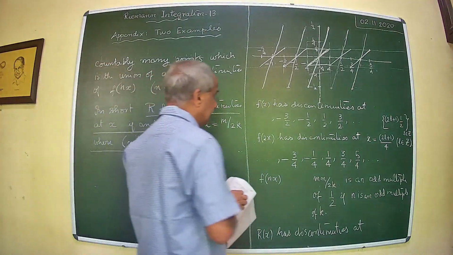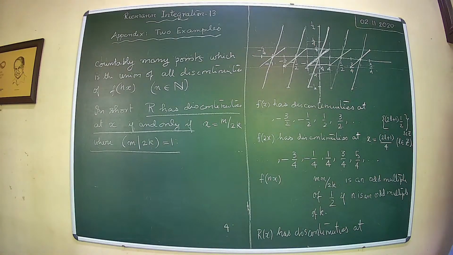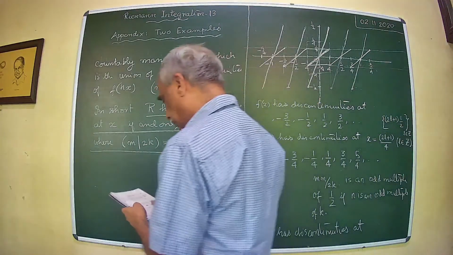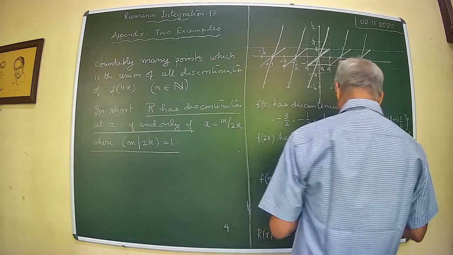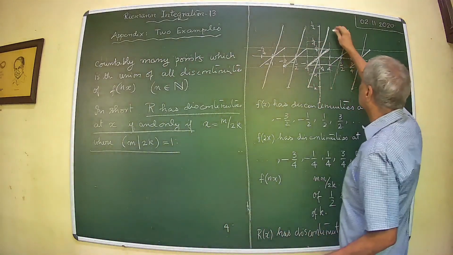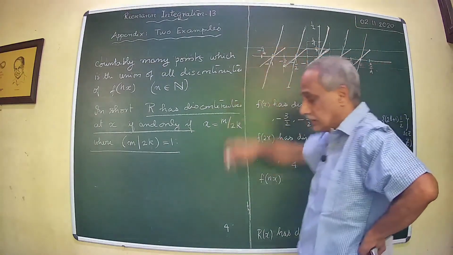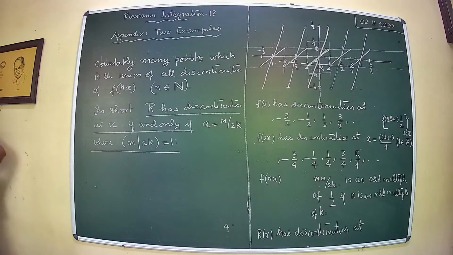Therefore, now let us try to find out what is the nature of this discontinuity, or how much the function jumps at various discontinuities. So we observe the following. The values of the function at the points of discontinuity are 0.